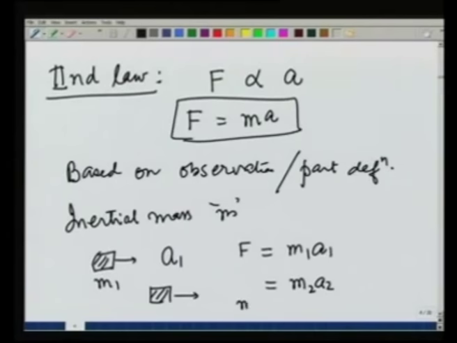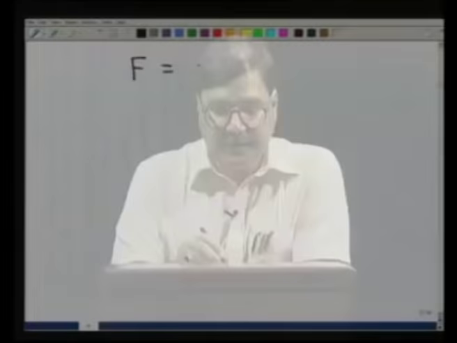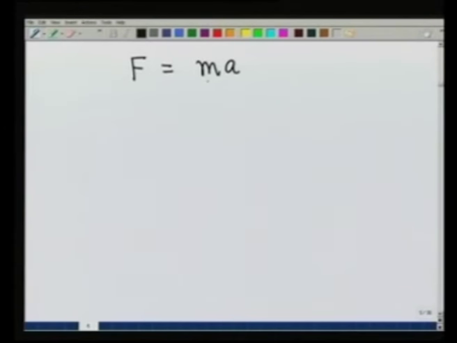Then the mass of the second body is going to be m1 times a1 over a2. This becomes the operational definition of inertial mass. So, this is part definition. Then it also tells us, given a mass, I can also measure the force in newtons as m times a.